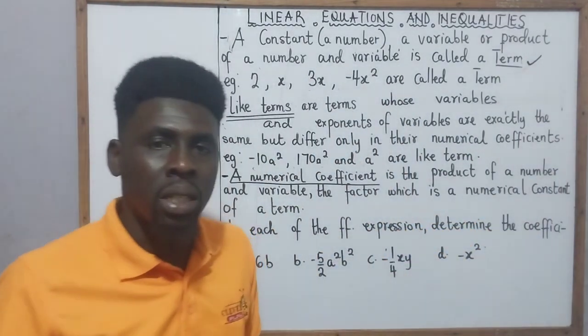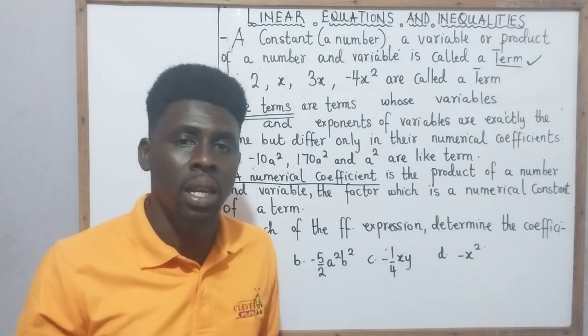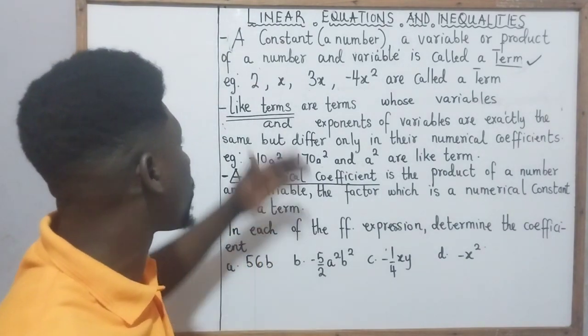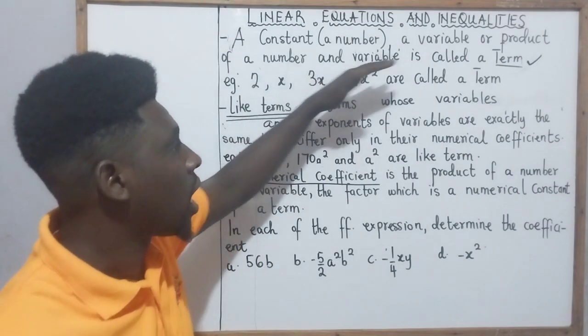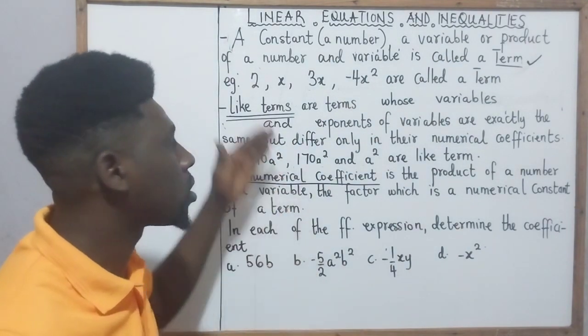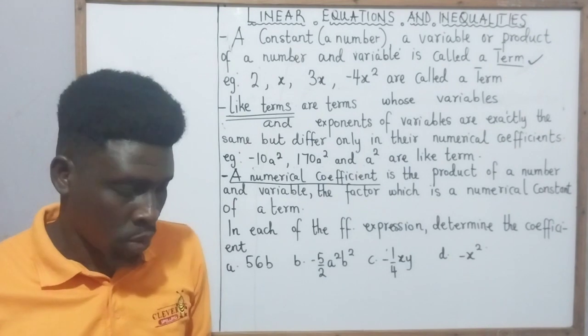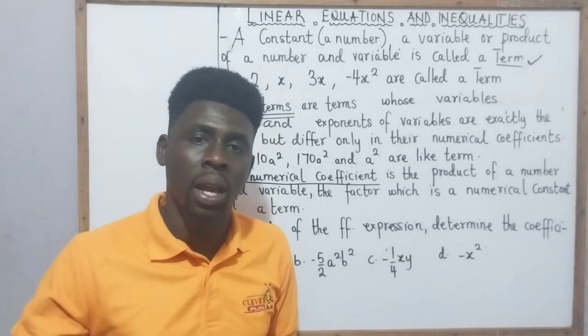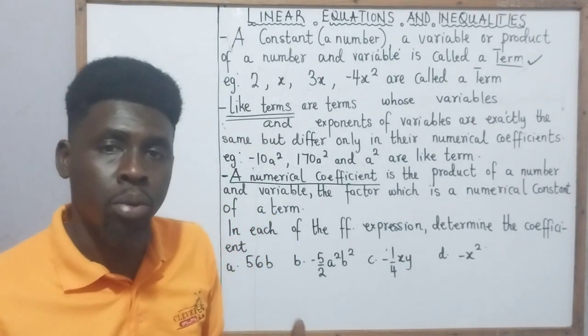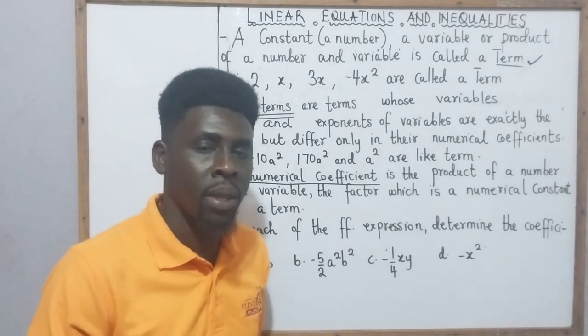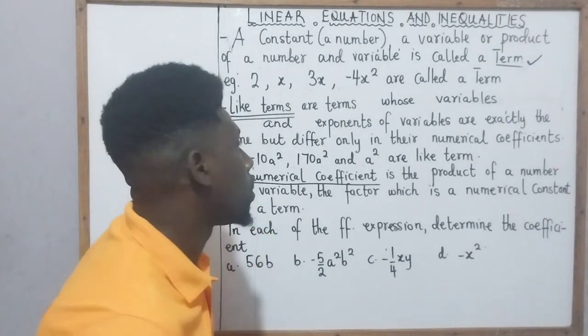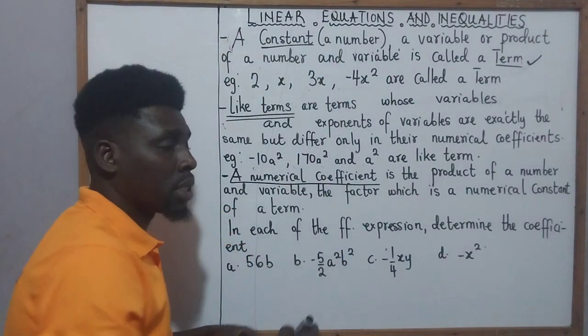Now, according to the definition of a term in linear equations, we are referring to a constant, a variable, or a product of a number and a variable. A term refers to a constant, a variable, or a product of a number and a variable. Now, when we talk about a constant, what does it mean?